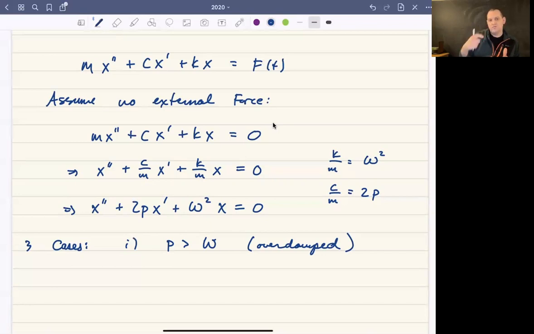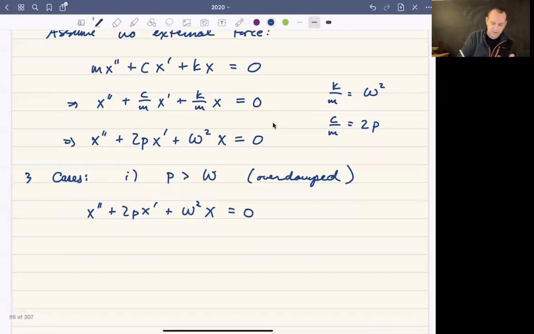When p is greater than omega, let's think about what that's going to mean for us. In all cases, our equation x double prime plus 2px prime plus omega squared x equals 0 gives us the characteristic equation r squared plus 2pr plus omega squared equals 0.